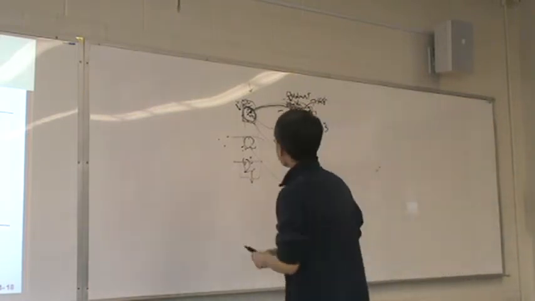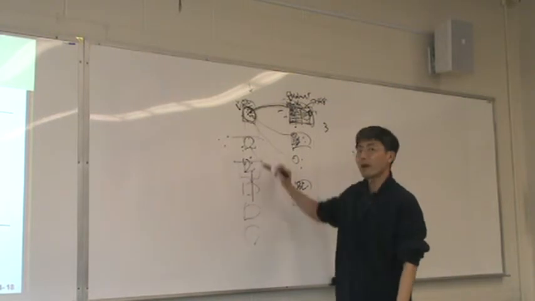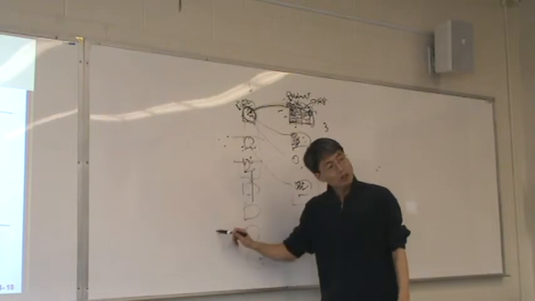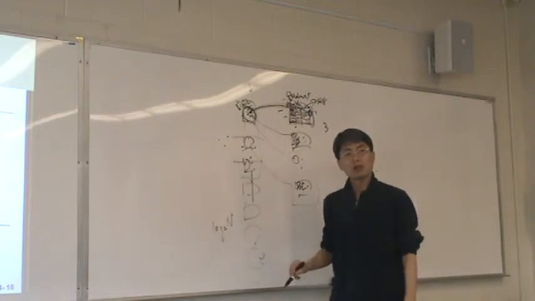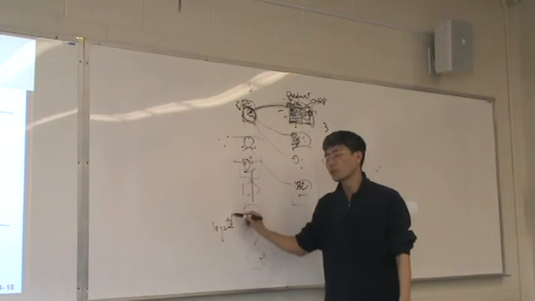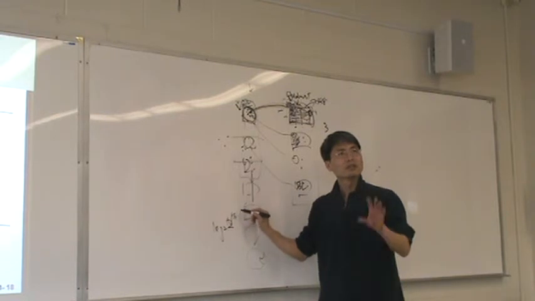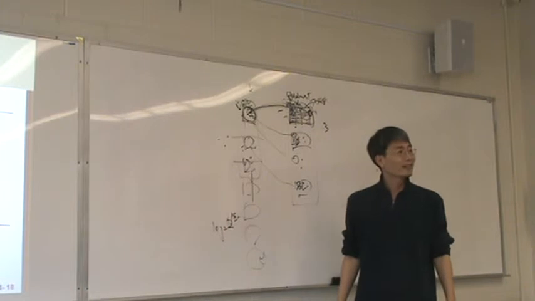Then, what if this index is so big, say you have 1 million index blocks? Even if you use binary search, it takes log n. 1 million is 2 to the power of what? About 20.